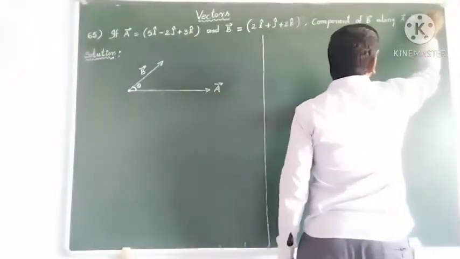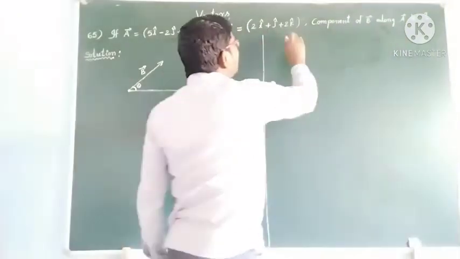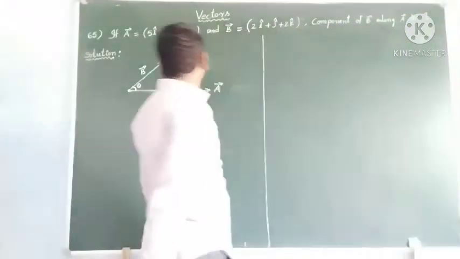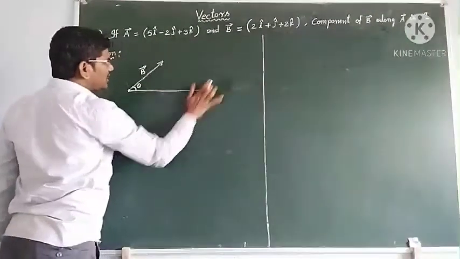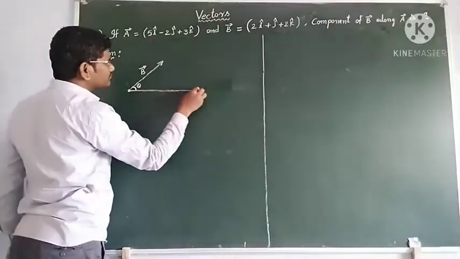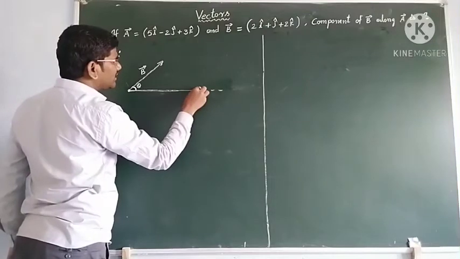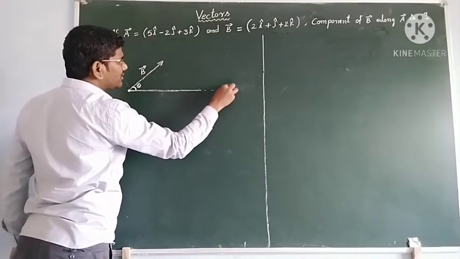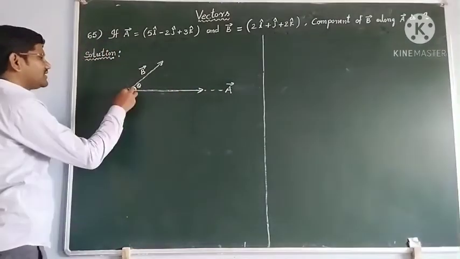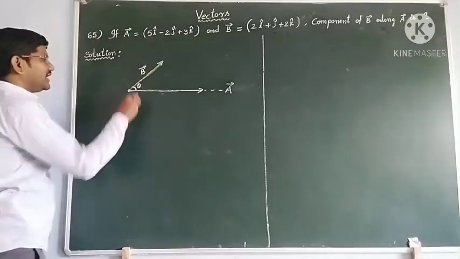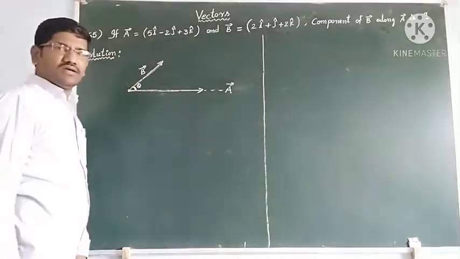See students, component of b bar along a bar. Now consider this is the direction of a bar vector, and this is some b bar, and let theta be the angle between a bar and b bar.